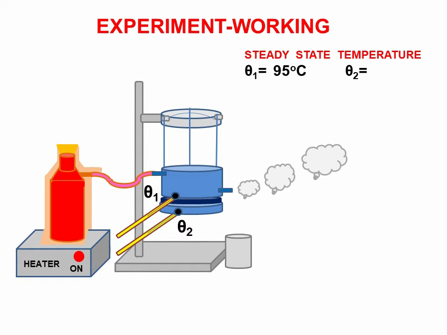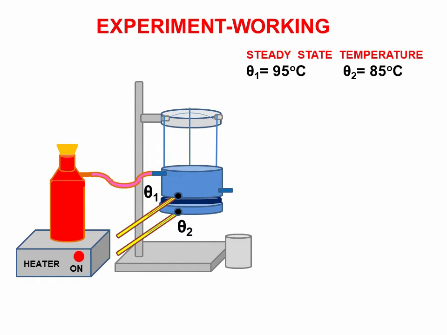Note it as theta 2, which should be lesser than theta 1. For example, if theta 1 is 95 degrees Celsius, we have to wait till theta 2 attains the steady state temperature. Finally we got 85 degrees Celsius. So the first part of the experiment is to obtain the steady state temperatures theta 1 and theta 2.